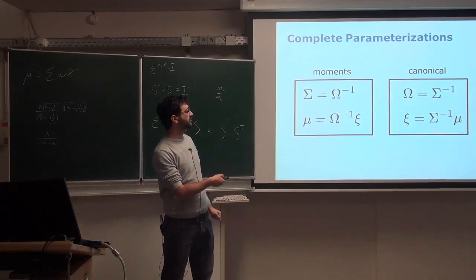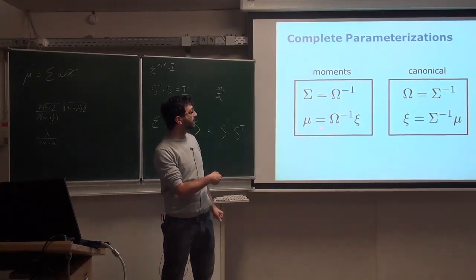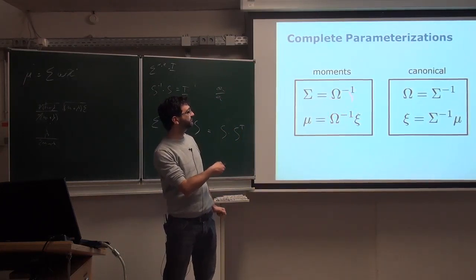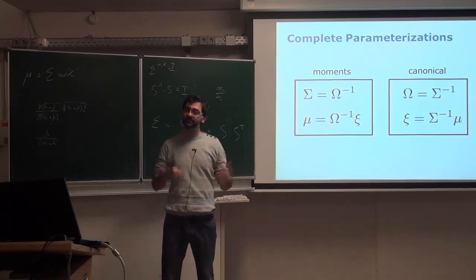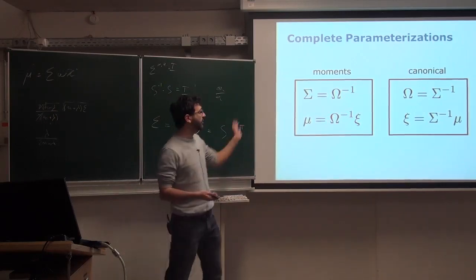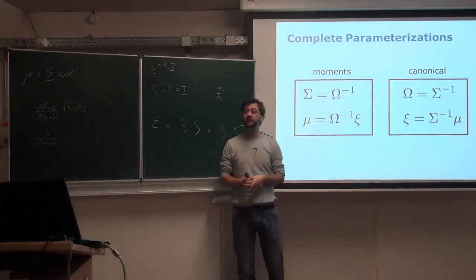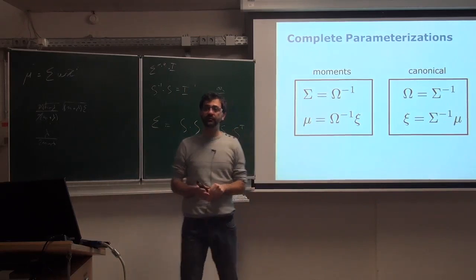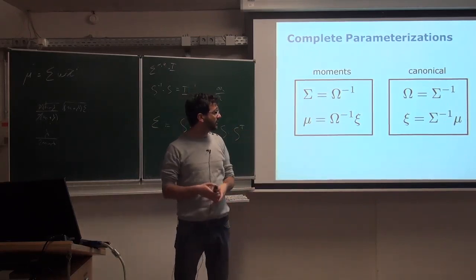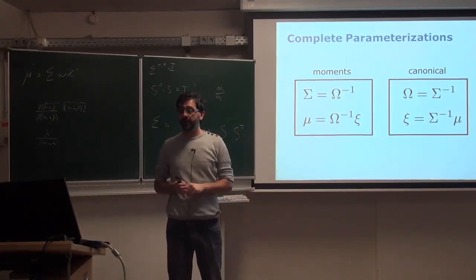So as you can see, they are just dual parameterizations of the same thing. Moving between them is costly because you need to invert matrices, but that's how they are related.